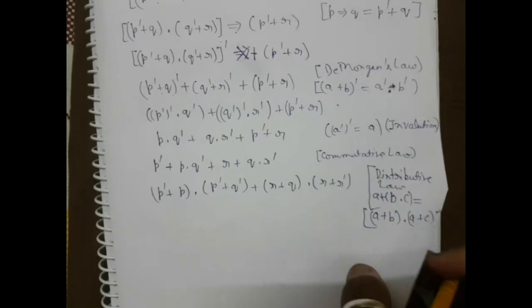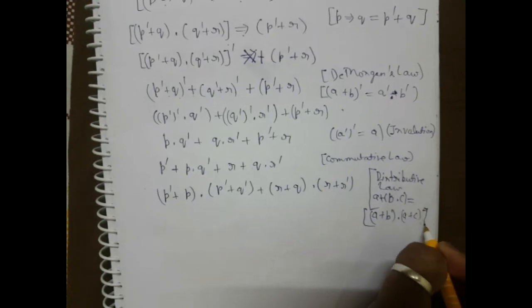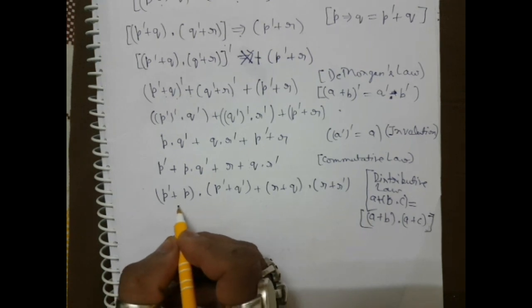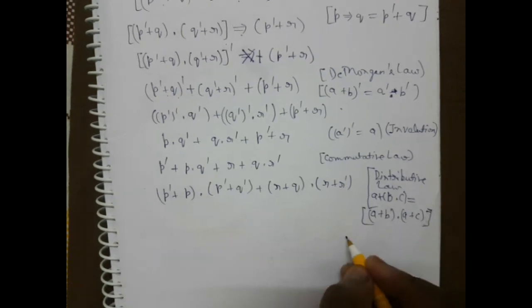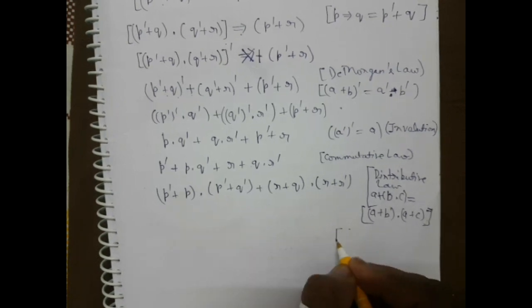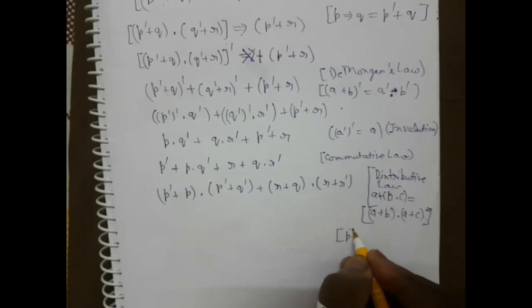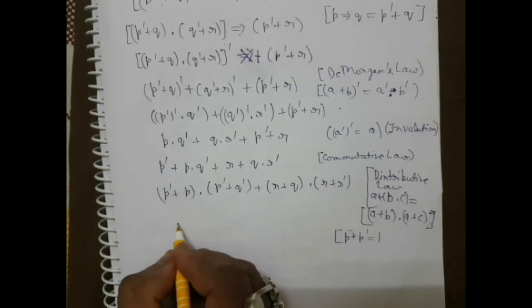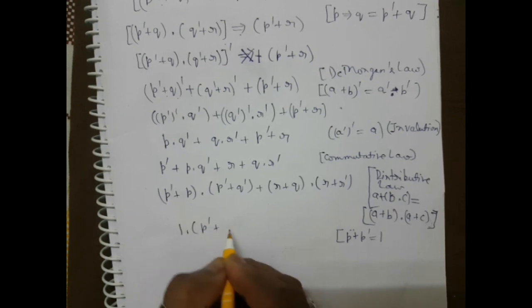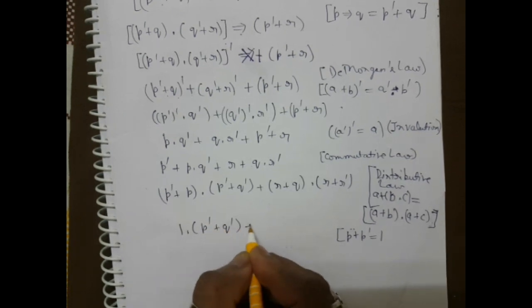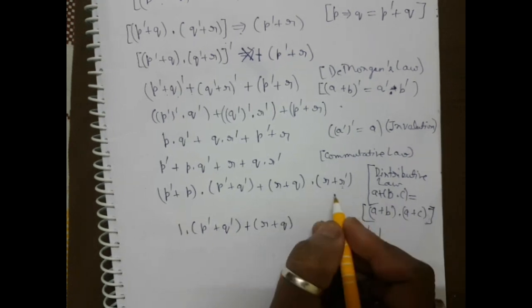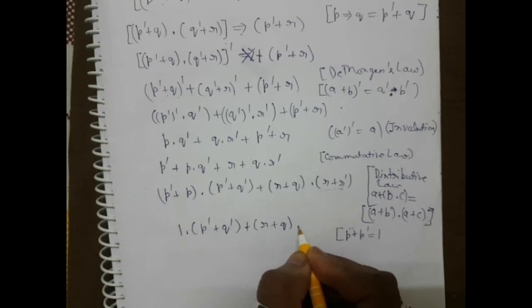Now we move ahead. What is this? This is the complementarity law. The complementarity law says P plus P dash equals 1. So here we have P dash plus P, which will be 1 dot P dash plus Q dash, and R plus R dash, which again follows the complementarity law, so here it is dot 1.